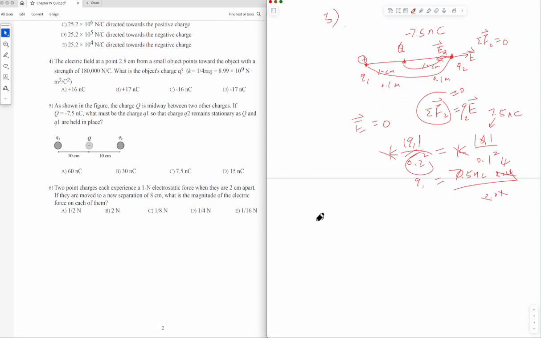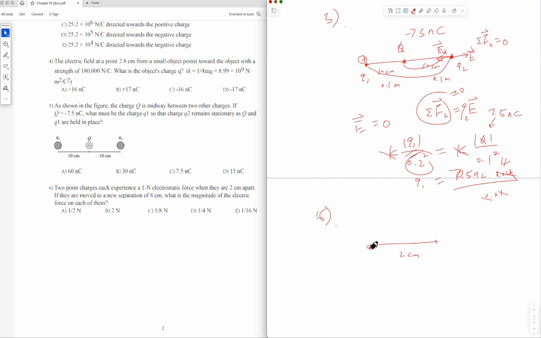Number 6. Two point charges each experience 1 Newton electrostatic force when they are 2 centimeters away.